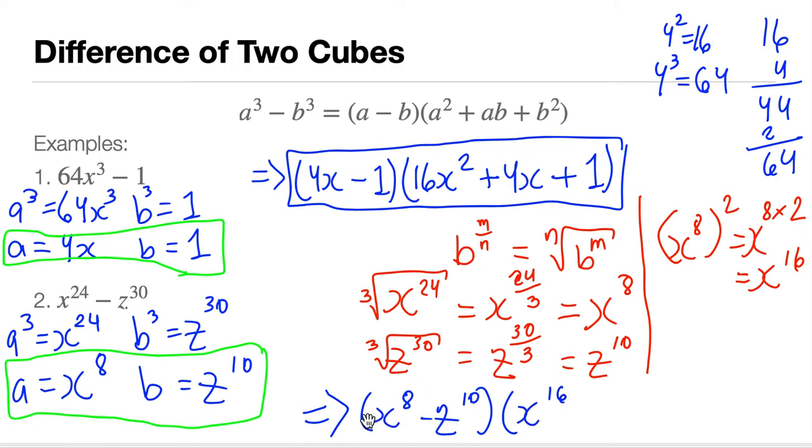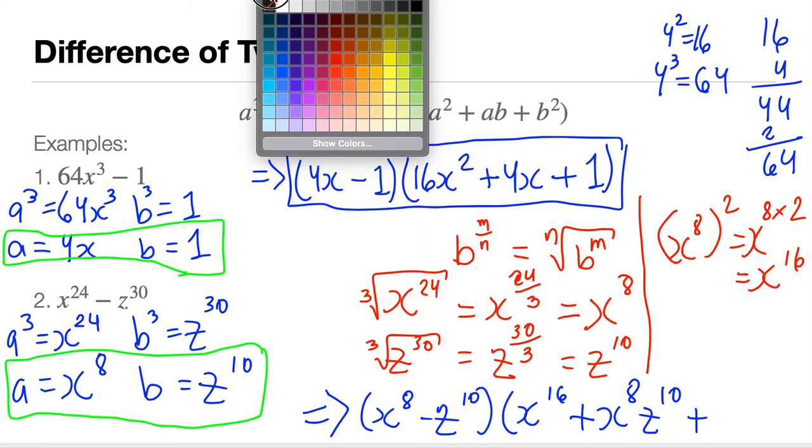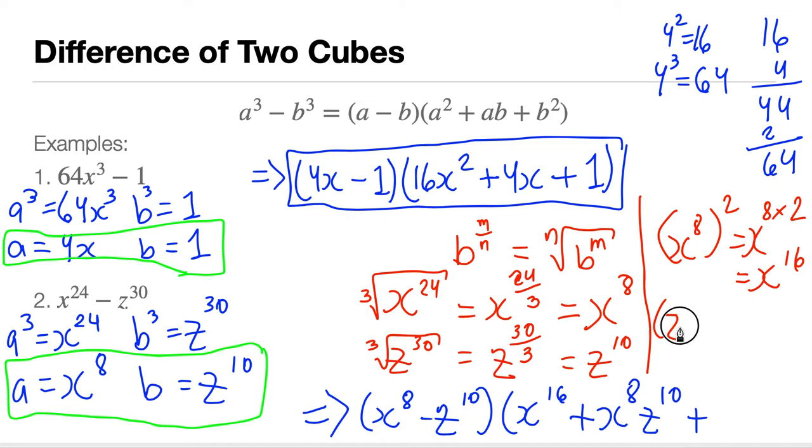And then a times b, multiply x raised to 8 and z raised to 10. So pretty much we just need to copy them: x raised to 8, z raised to 10. And similarly, in our last term in this trinomial, we're going to square the z raised to 10. So we have z raised to 10 squared, which gives us z raised to 10 times 2, ultimately z raised to 20.